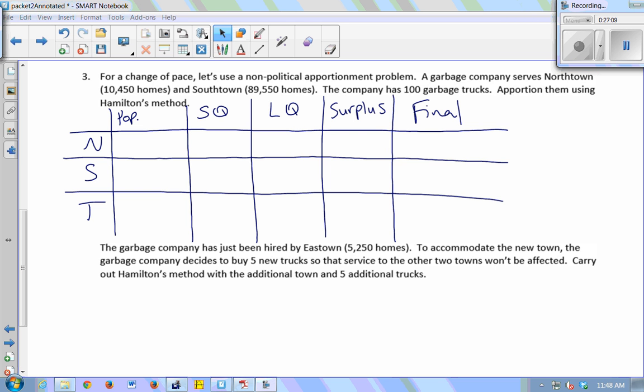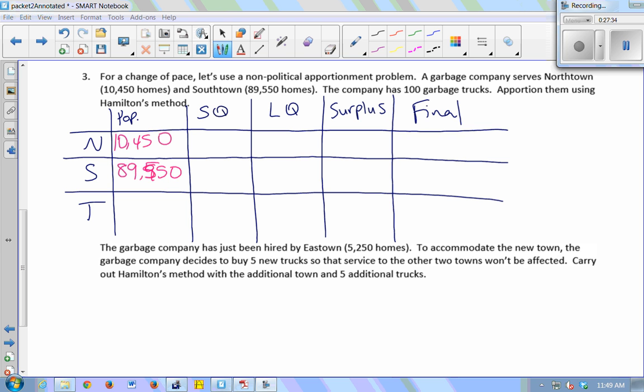Okay, so let's do these two apportionments together. We have Northtown and Southtown. Populations are 10,450 and 89,550.